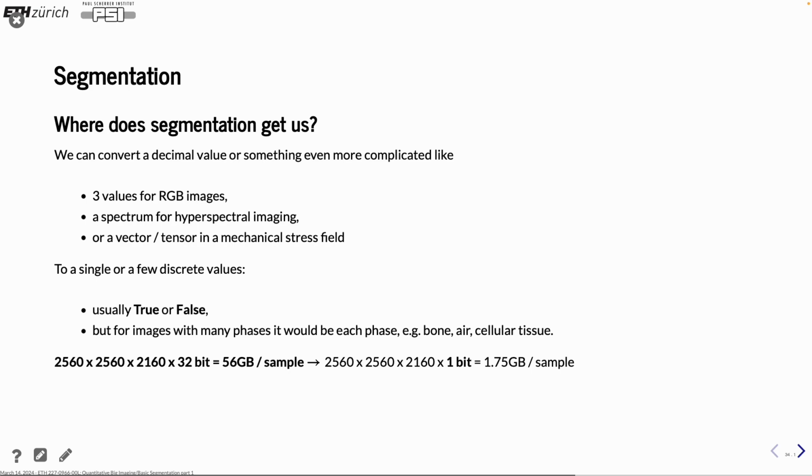And we want to reduce that into a very simple selection, sometimes even between just true and false, or sometimes a few very limited classes. So if we go for the true-false case, we reduce our data from 56 gigabytes per sample down to 1.75 gigabytes, and that's much easier to handle in some processing situation.